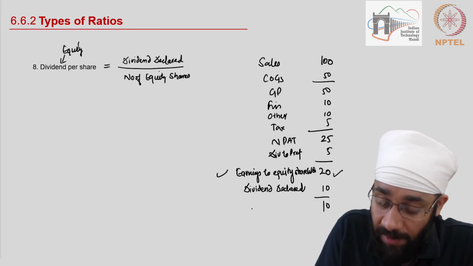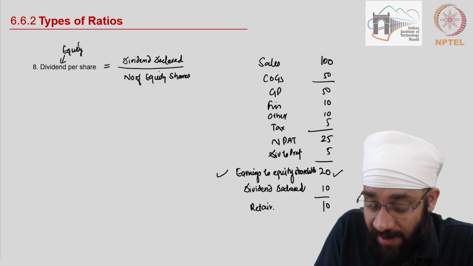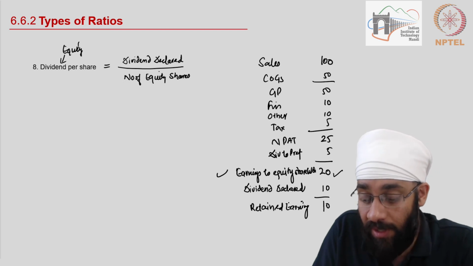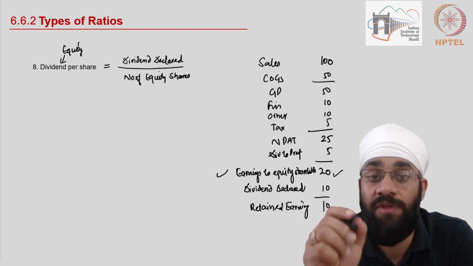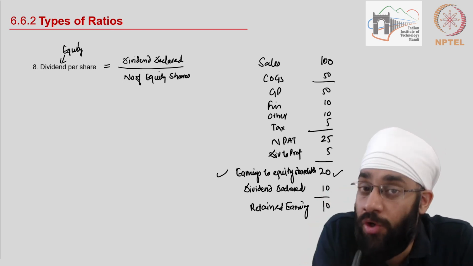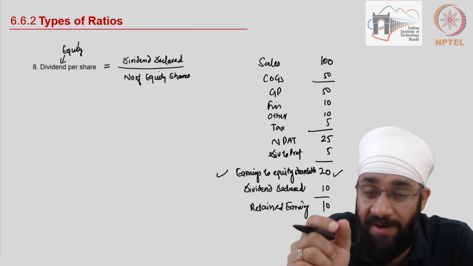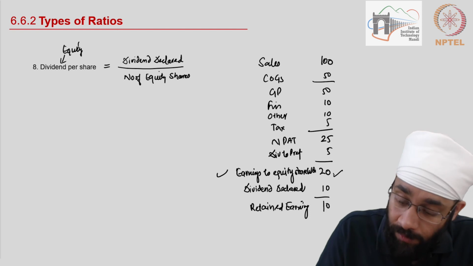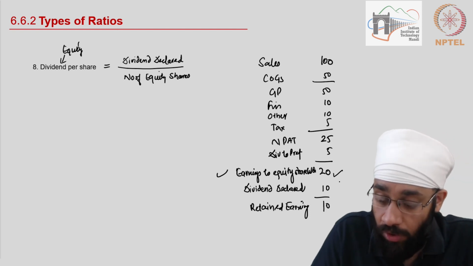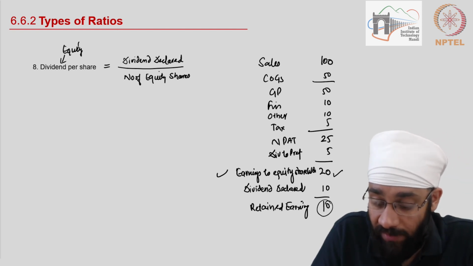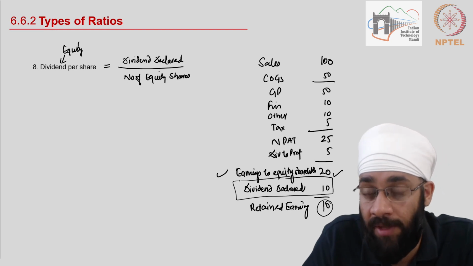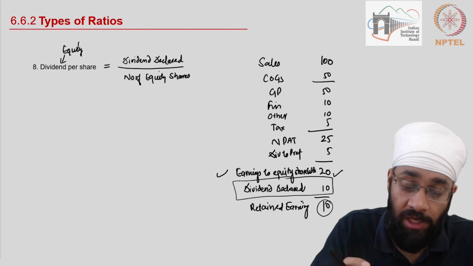The remaining amount is going to be retained in the business. So, retained earnings. If you remember, we looked at the balance sheet of Reliance Industries Limited, and I showed you a section called retained earnings. That is the money that goes into reserves and surpluses. So the business does not pay out all the money, it retains some. Whatever is paid out is the dividend declared by the company towards the equity shareholders.